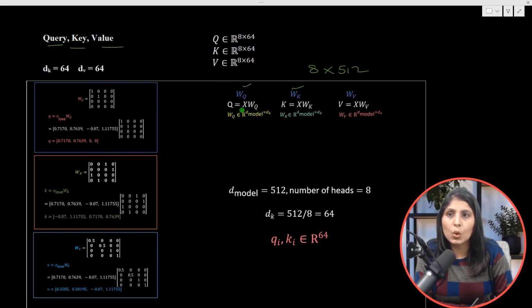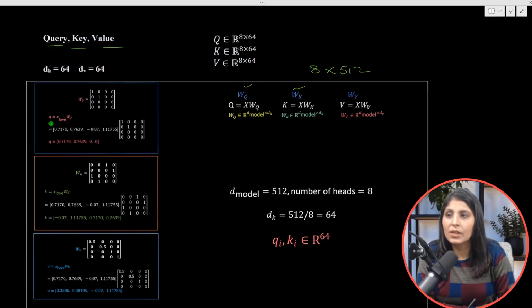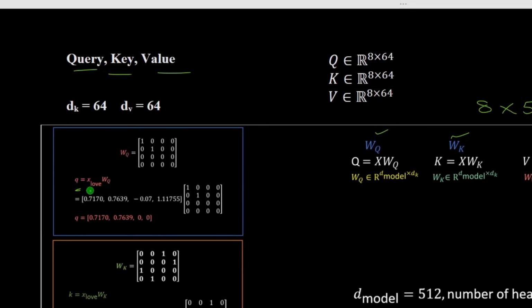So for each token, for each query calculation, you will do this. So you can see over here. Suppose you want to calculate the query of love token, then you will multiply the embedding of love token.